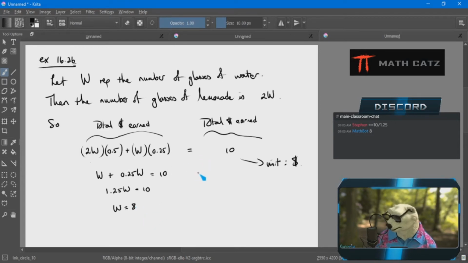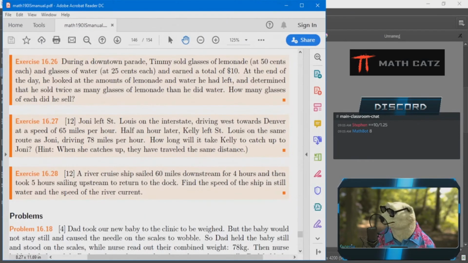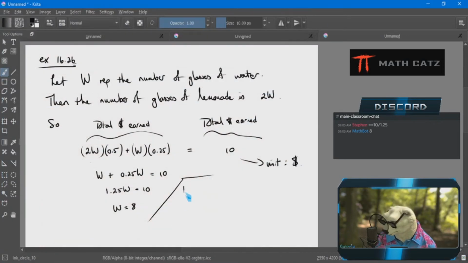Again, just to keep everything on the screen, I'm going to write my concluding sentence over here. I double-checked the question. They wanted the number of glasses. Okay. So he sold 8 glasses of water. W was water.